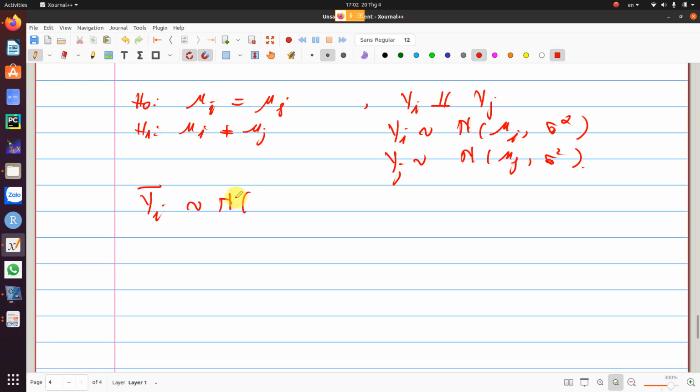The distribution of the sample average always follows a normal distribution if the sample follows a normal distribution. The mean equals mu i, and the variance equals sigma square over the sample size. Because here the sample size is n, we have sigma square over n. Similarly, y j bar also follows a normal distribution with mean mu j and variance sigma square over n too.